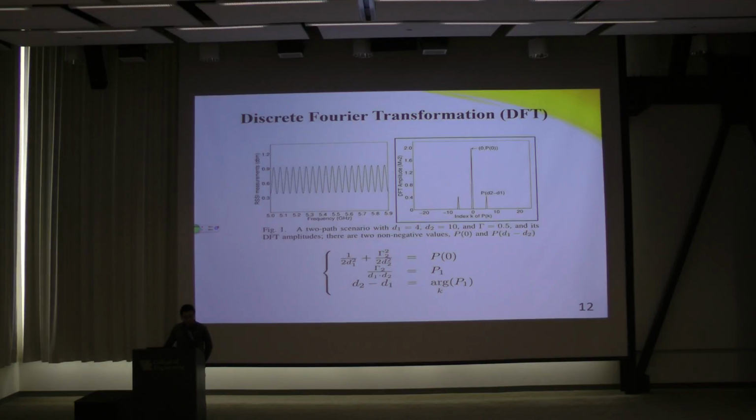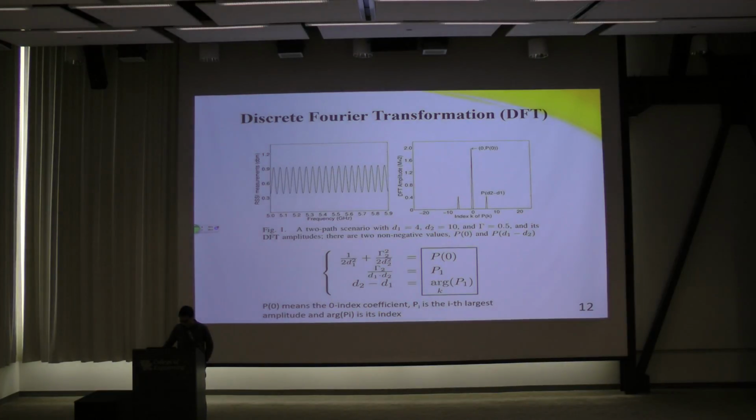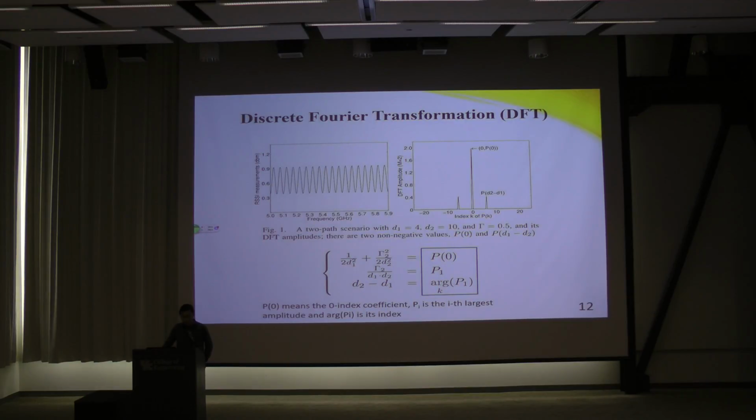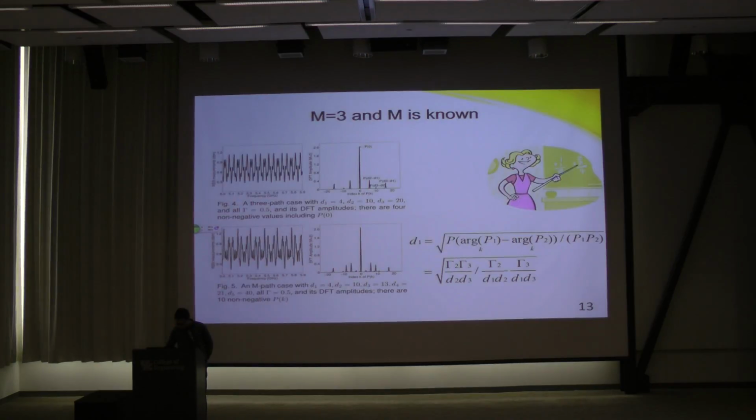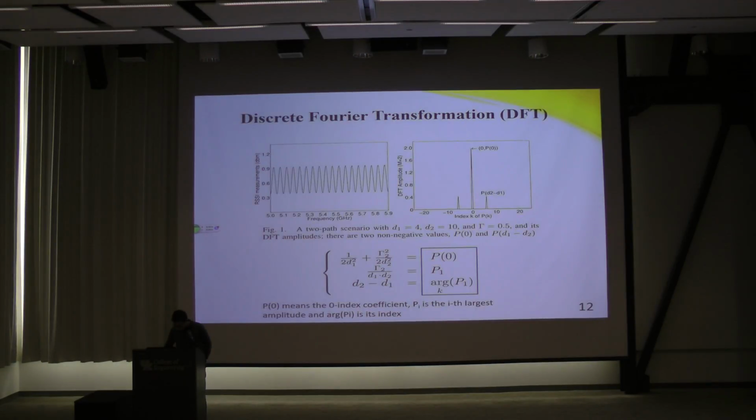The parameters we need to solve are on the left side, and they can be read from the DFT figure on the right side. So we can easily solve the line of sight D1, the reflection path D2 and the reflection parameters by this equation.